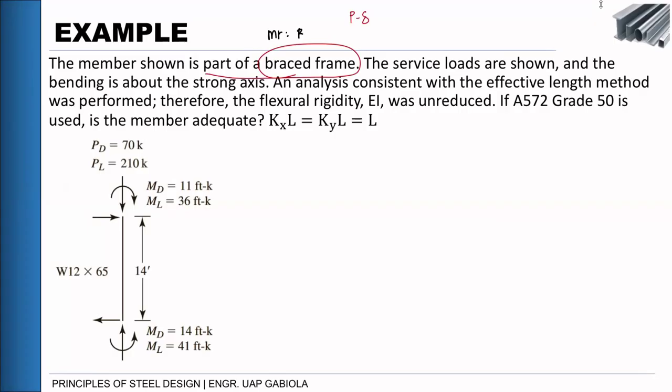MR is equal to B1 MN. The P delta, the second term, is 0.